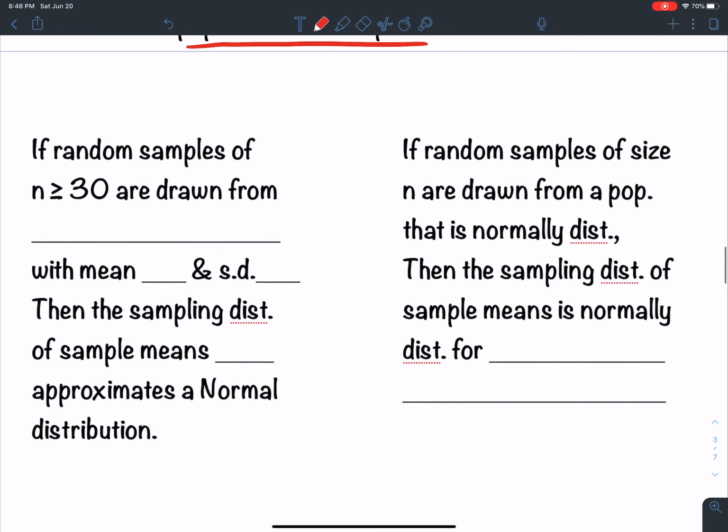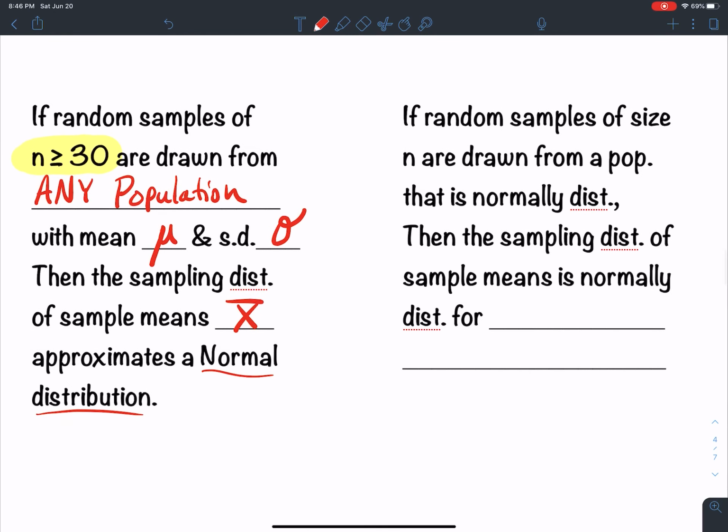Okay, so if a random sample of n greater than or equal to 30 is drawn from any population with a mean mu and standard deviation sigma, then the sampling distribution of sample means x bar approximates a normal distribution with mean of the x bars, sample means, equal to mu, and standard deviation of the sample means equal to sigma divided by the square root of n.